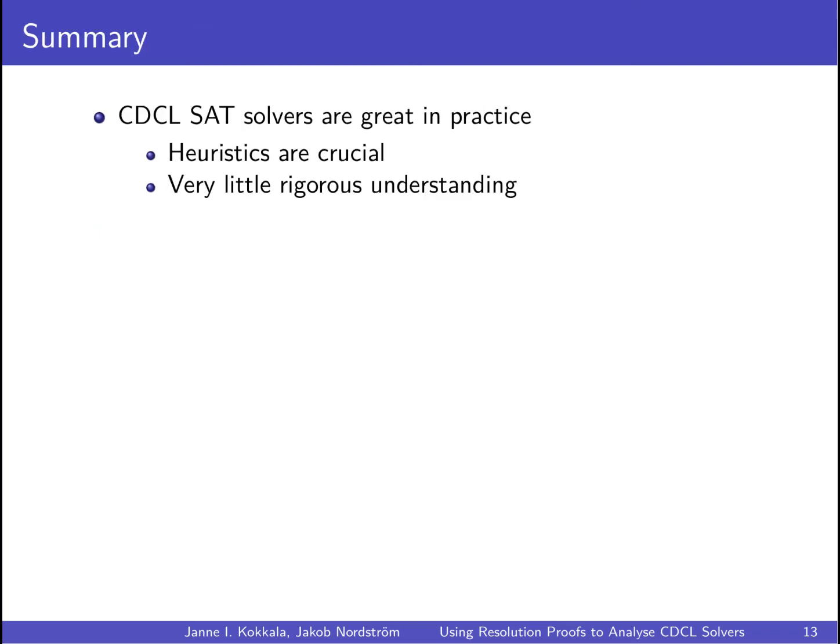So to summarize our work, the motivation was to understand why CDCL SAT solvers are so good in practice and why the heuristics work so well. As said, there is very little rigorous understanding of possible theoretical reasons behind these heuristics, but we know that they are good in practice.